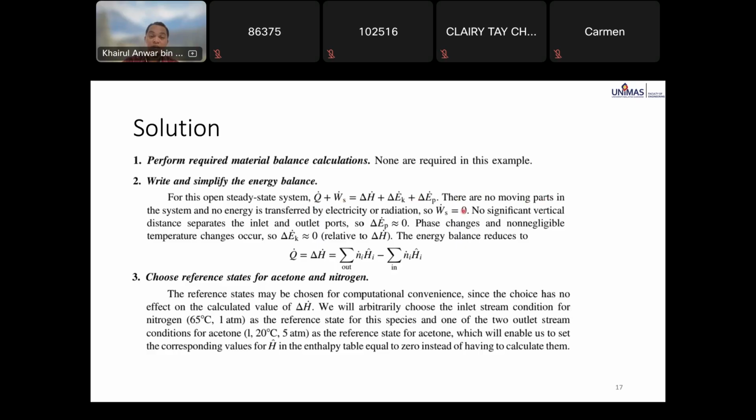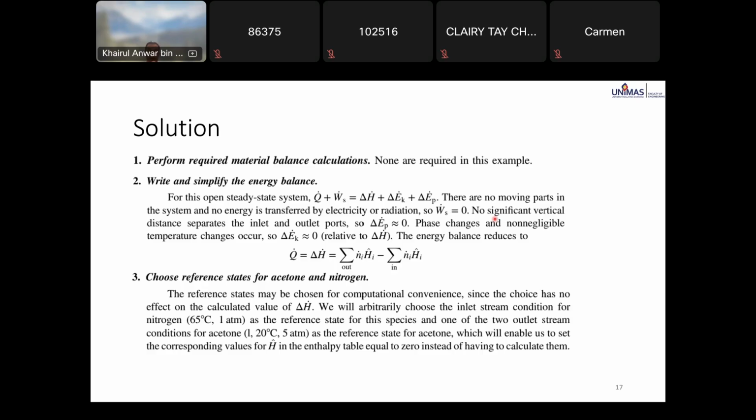There are no moving parts, so Ws is 0. Delta EP is 0 as well. The kinetic energy is 0. So the energy balance equation is simplified to Q equal to delta H equal to sum of NiHi outlet minus sum of NiHi inlet.